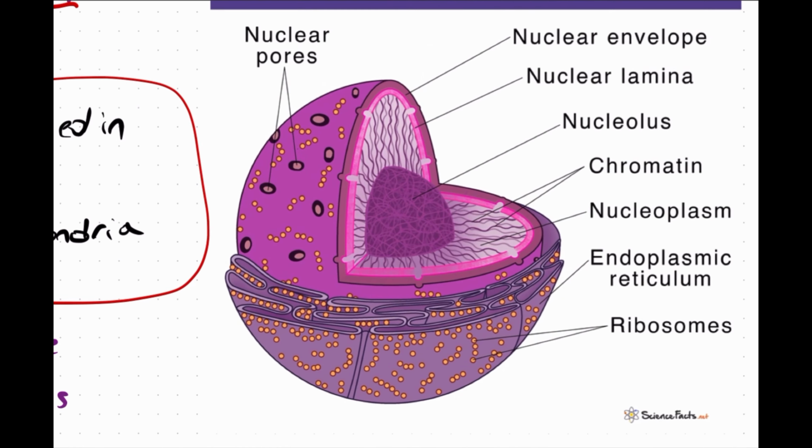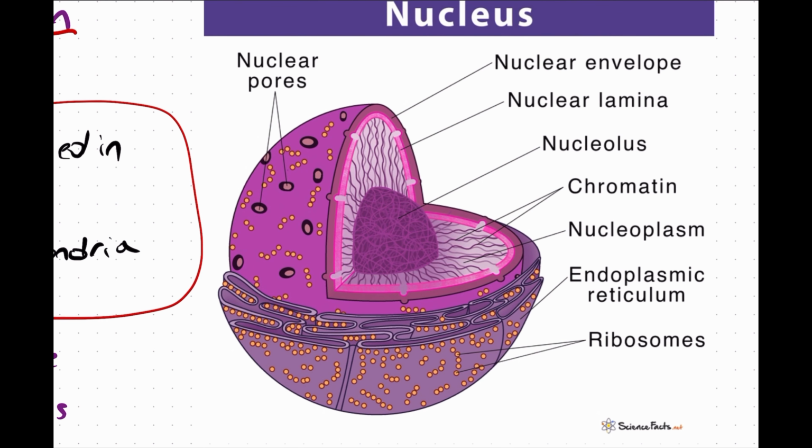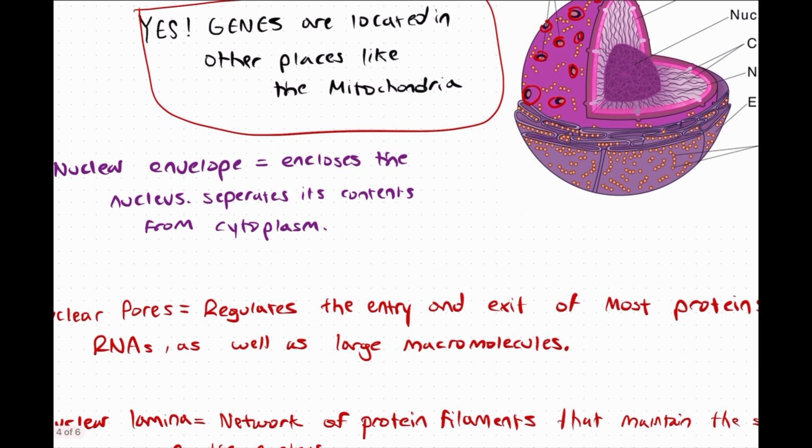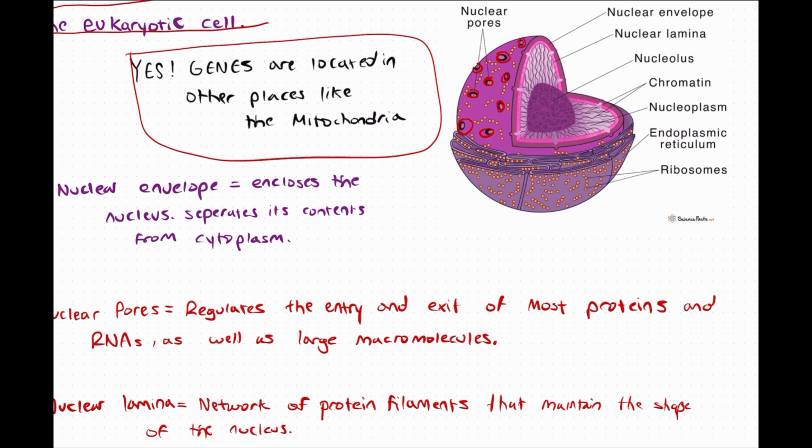So if we go over to our image to the right, we're going to start with the nuclear pores. And it's these little holes. That's the thing that stands out to me the most. Maybe the second thing that stands out to me the most. What are these little holes that are there? Well, those are called the nuclear pores, and they regulate the entry and exit of most proteins, RNA, and macromolecules.